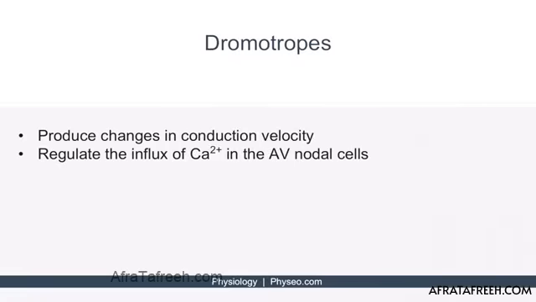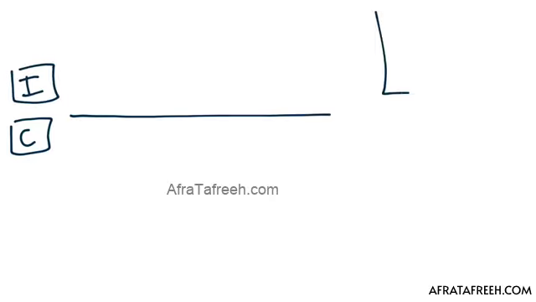Finally, dromotropes produce changes in conduction velocity, mainly in the AV node. This is done by regulating the influx of calcium. Let's draw this out. This is a pacemaker cell in the electrical system of the heart. This is the cytosol. This is the interstitium. I'll draw a graph here on the side to draw out an action potential. Remember that during phase 0, positively charged sodium and potassium ions are accumulating in the cell.